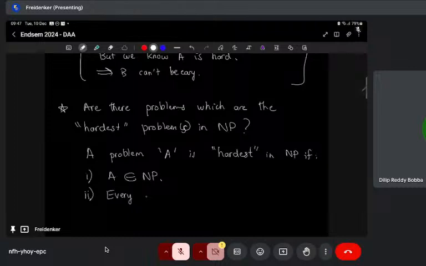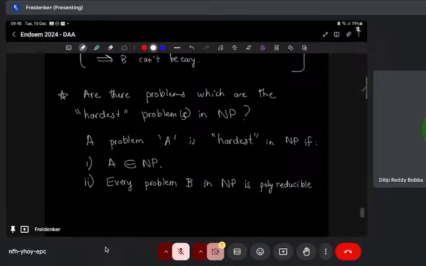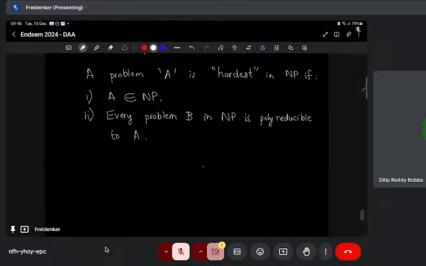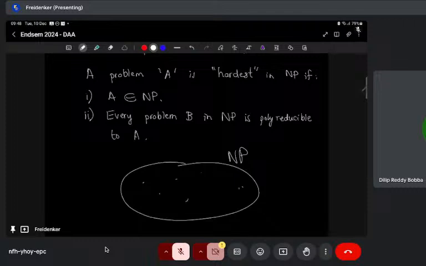every other problem B in NP is reducible, and we want polynomial time reduction only, so poly-reducible to A. It's like if you have your NP class and a lot of problems, and let's say A is somewhere here.